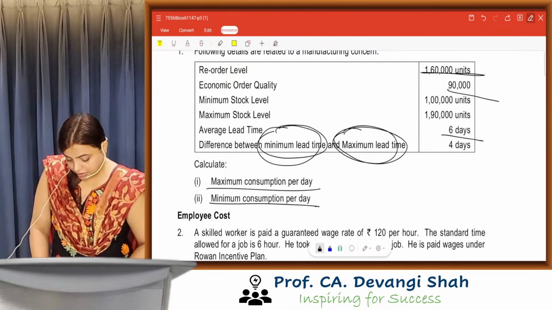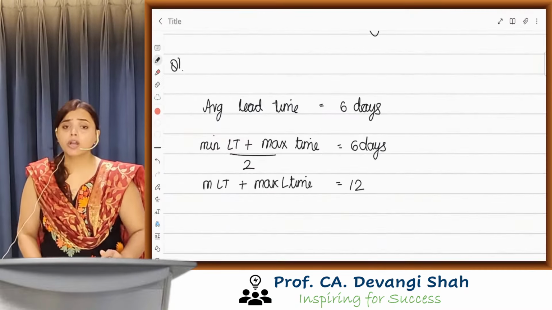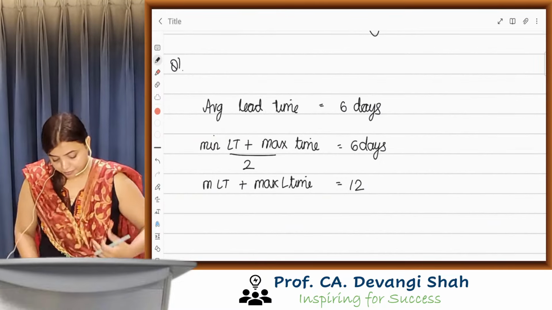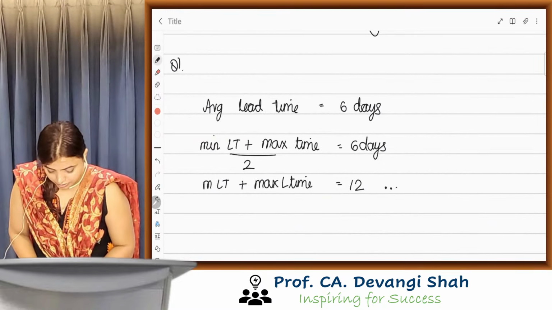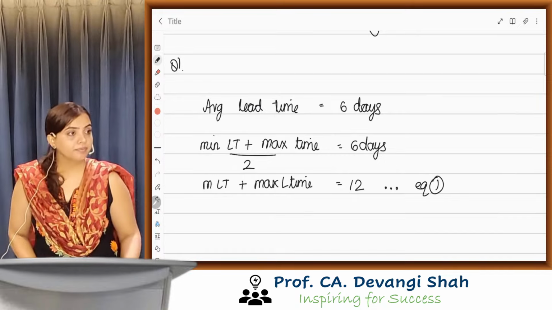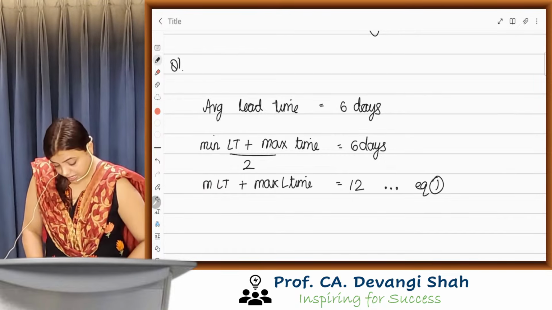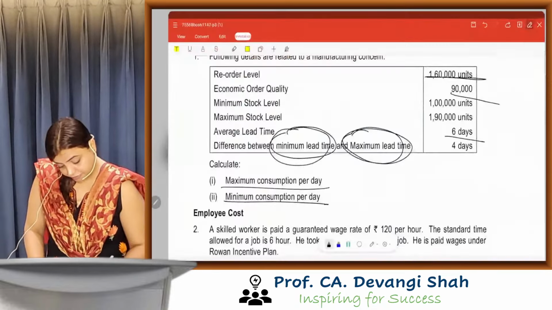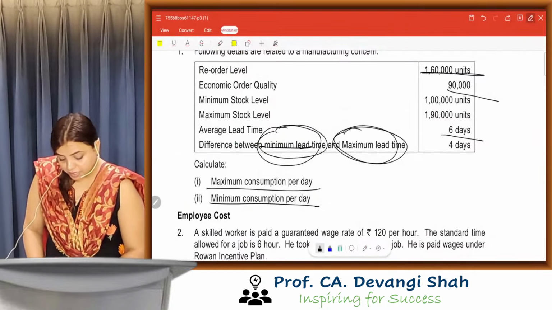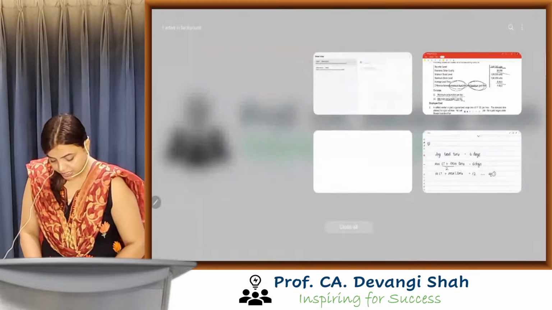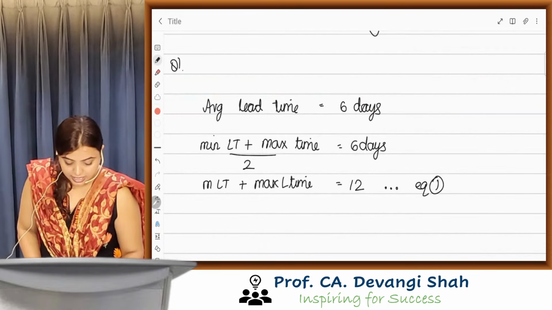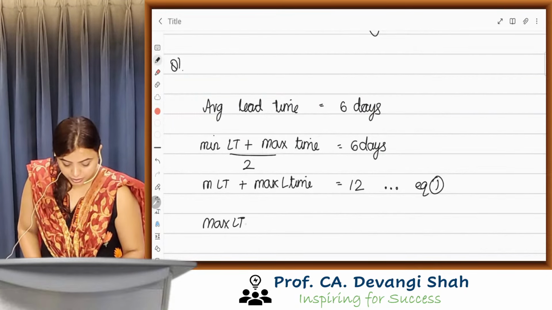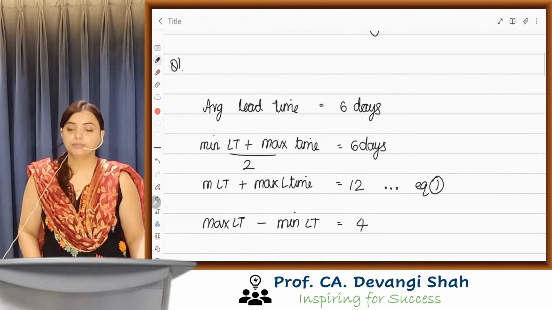Okay. Now, this is what we get from the average formula. I am calling this equation 1. And now, they have stated that the difference between minimum and maximum is 4 days. So I can say that maximum lead time minus minimum lead time is 4.